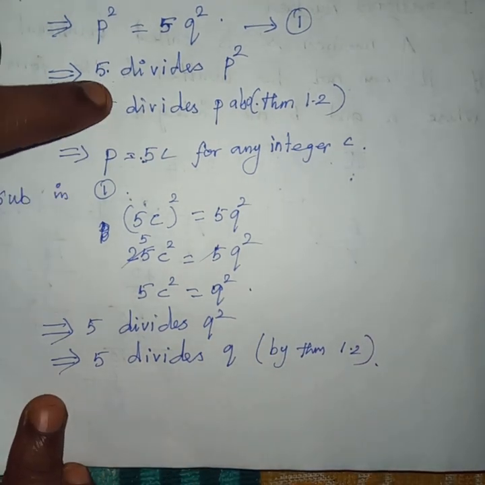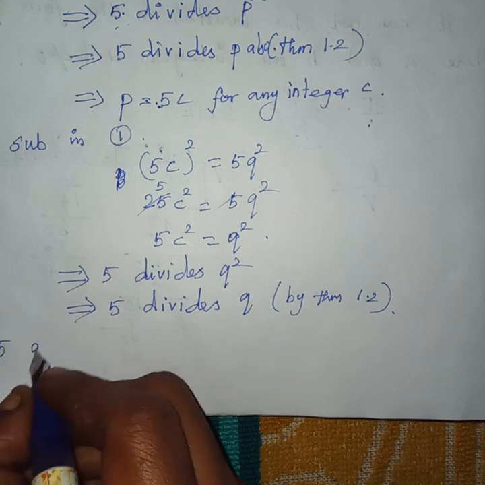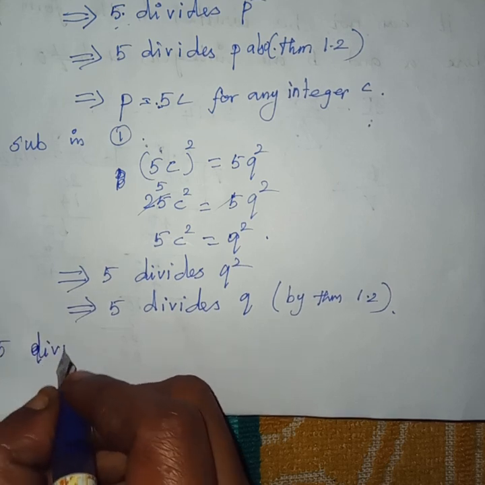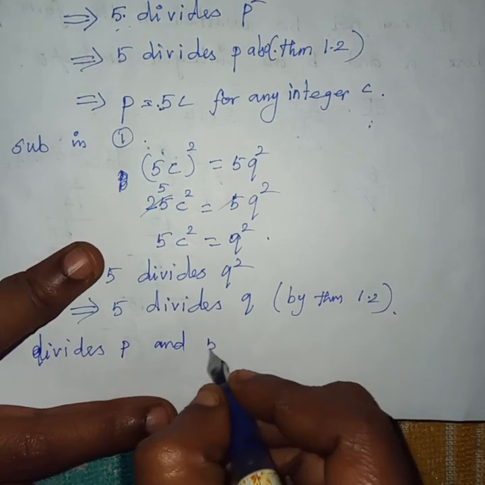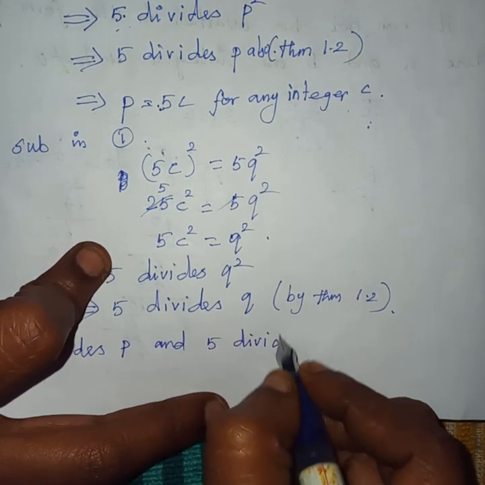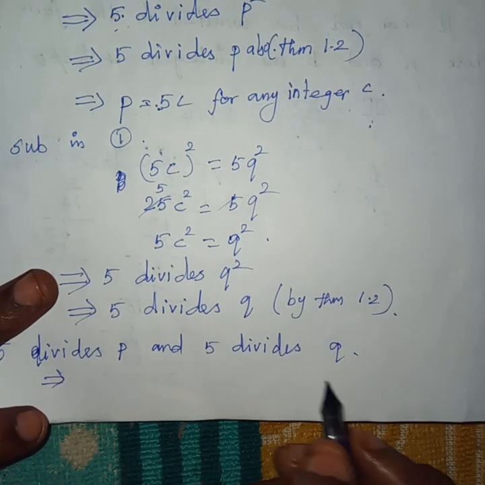So if 5 divides p and 5 divides q, what does it mean? 5 divides both p and q.